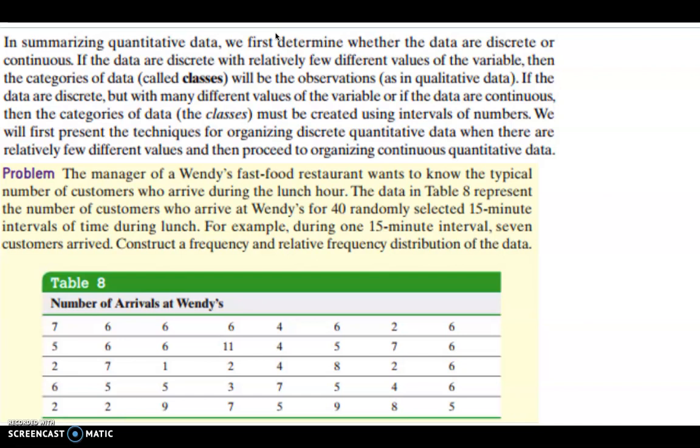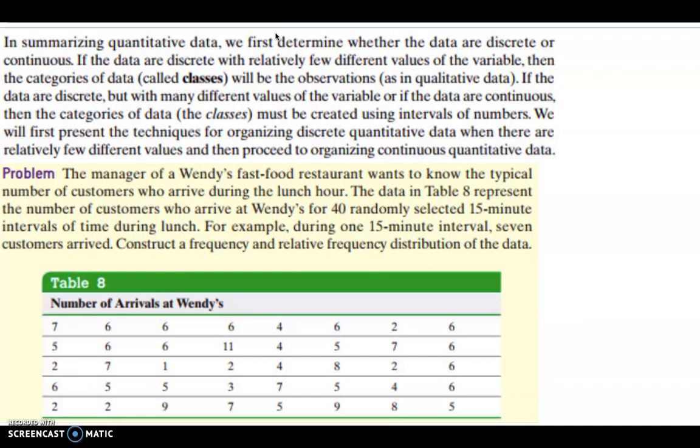So the first part here, when we're trying to summarize quantitative data, we first have to determine whether the data points are discrete or continuous. If they're discrete with relatively few different values of the variable, then these categories of data, which we also call classes, will be the observations, kind of the same as in the qualitative data.